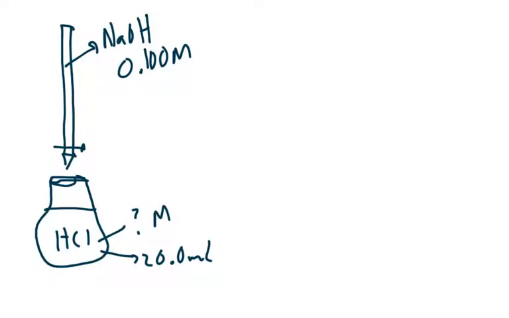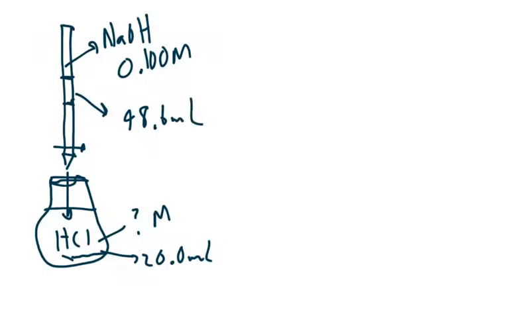So remember, we add an indicator in here, 1 or 2 drops, and you're going to start to titrate, and as the drops fall in here, you're going to measure the volume that it takes from the start to the end, and you're going to calculate how many milliliters it took to neutralize this solution. According to the equation, it took 48.6 milliliters to titrate this.